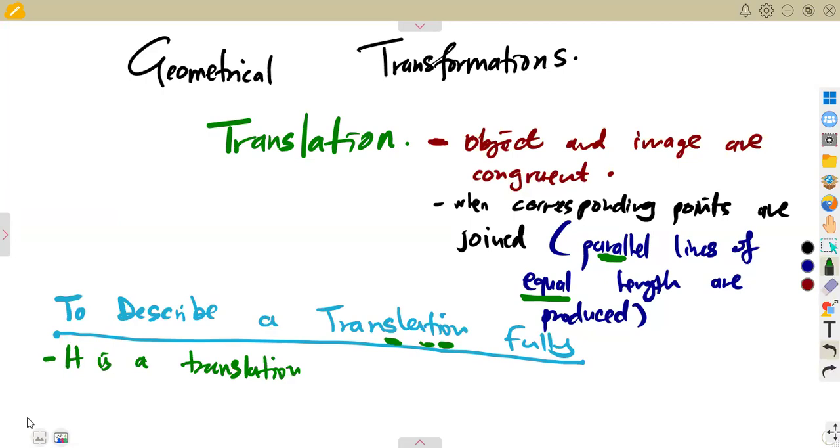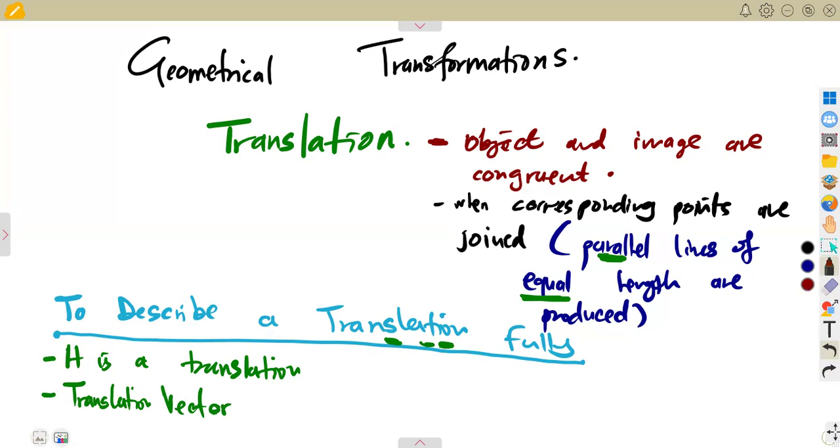So on a translation, you do not just mention that it is a translation. You also describe what is called the translation vector. You state the translation vector, which is our TV.